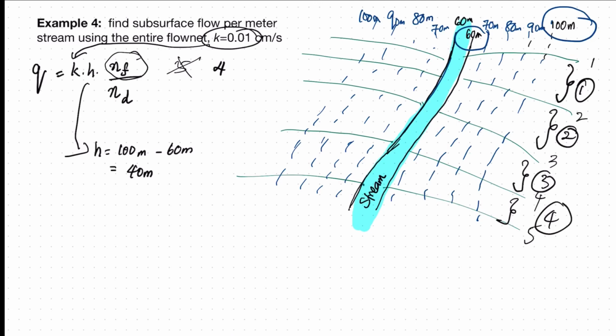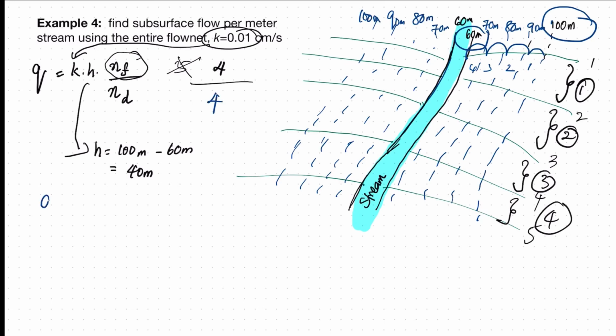And then you are trying to find the number of equipotential drops. It doesn't ask for equipotential lines, but equipotential drops. You see the drop from 100 meters: 1 drop, 2 drops, 3 drops, and 4 drops. So it is 1, 2, 3, 4. So 4 drops.